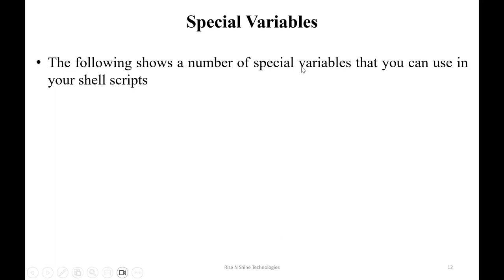The following shows a number of special variables that you can use in your shell scripts. Suppose I need to read the file name of the current script. That file name is a name we have given, right? I need to read it within the script. How can I read it?